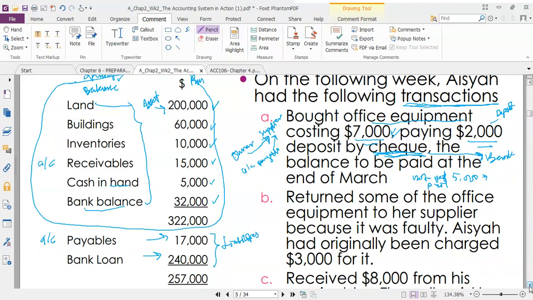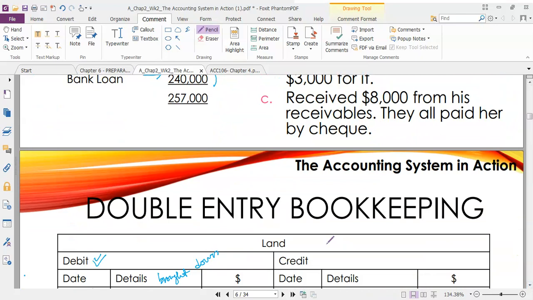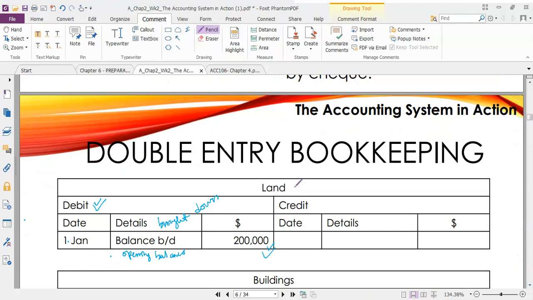So if the question gives you an opening balance, you must put it inside the ledger. Not only if there is a transaction you put it in the ledger, but if the question states an opening balance, you must also put it in the ledger. So we look at land first, the amount is 200,000.